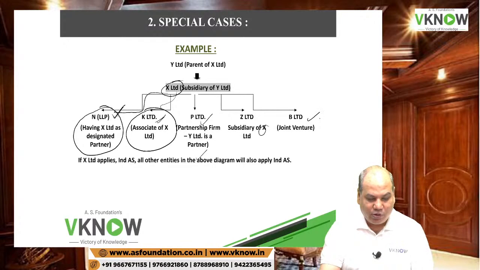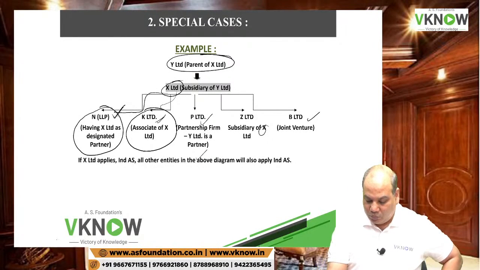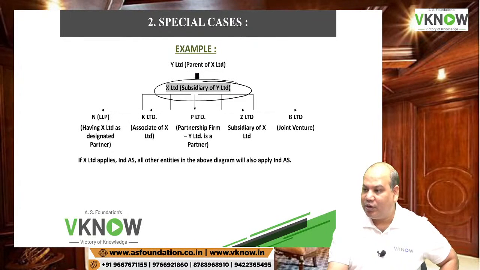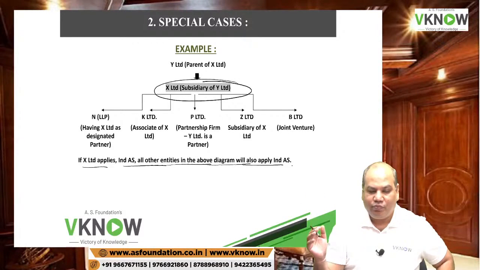B Limited is a joint venture, so B has to apply. Y has to apply because Y is the parent entity of X. So if these entities are associated with the company in the center, all of them will also start applying Ind AS.